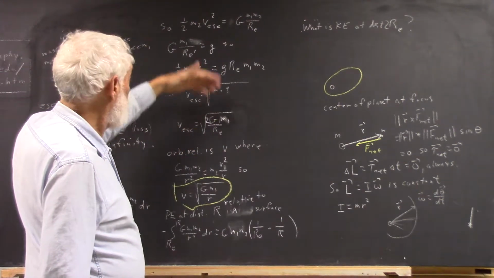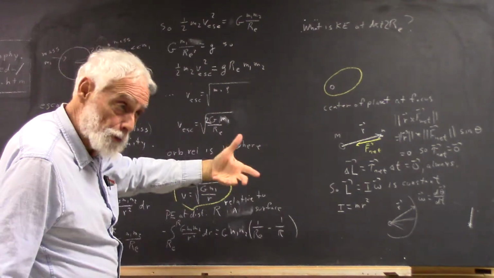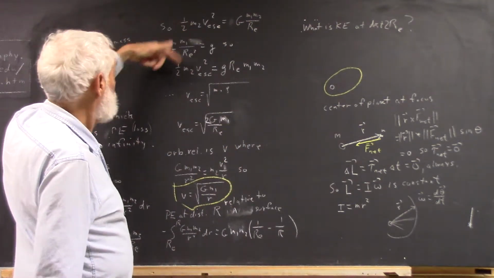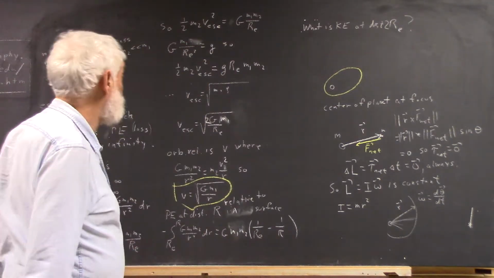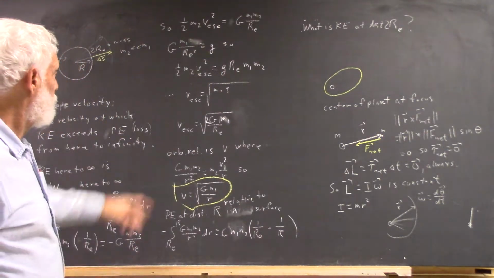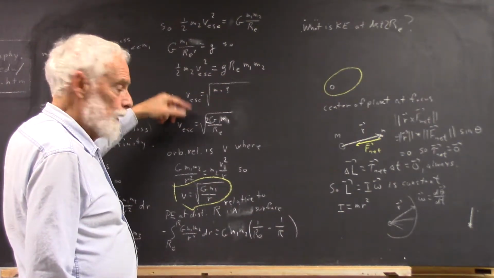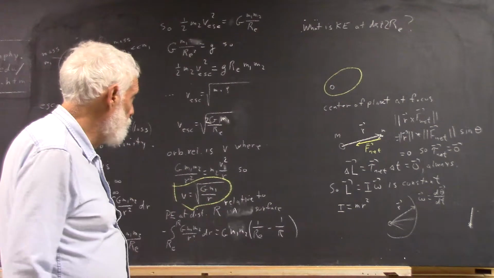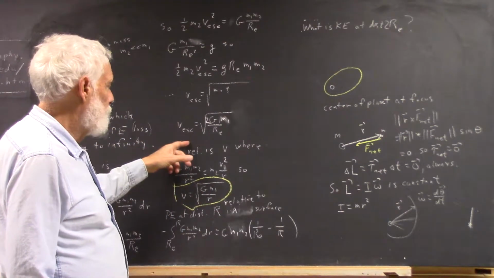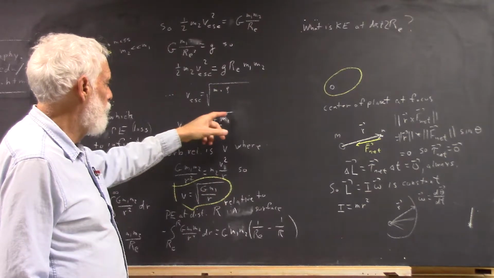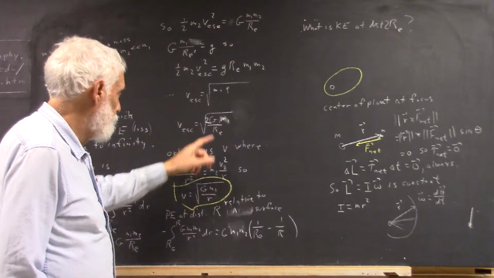Well, if we divide the force on that mass by that mass, we get its acceleration. So if we divide by the mass m2 over here, we get this. So we can make this conclusion and make a couple of other steps that I'm not going to outline because you should be able to do them. In any case, we then conclude that the escape velocity is the square root of 2 big G m1 over RE, where m1 is the mass of the Earth and RE is the radius.